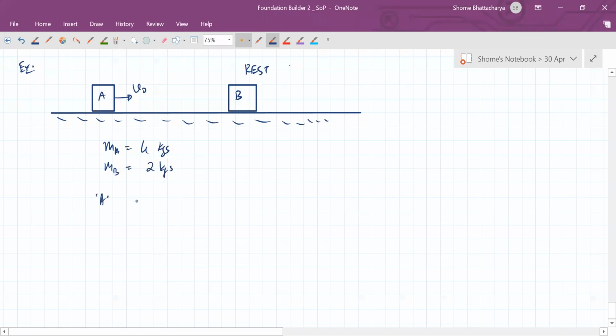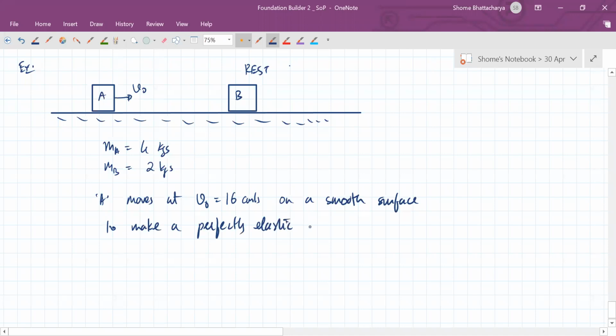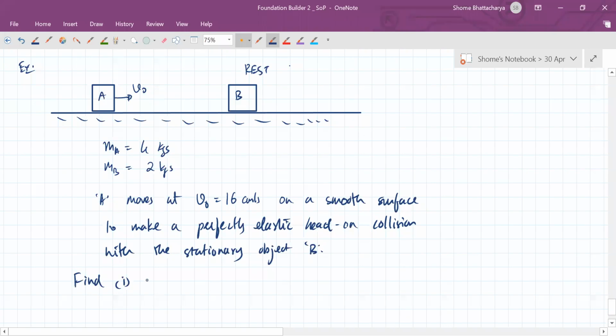Now A moves at V0 equal to, let's say, 16 centimeters per second on a smooth surface, to make a perfectly elastic head-on collision with the stationary object B. So we want to find the velocities of A and B after impact.